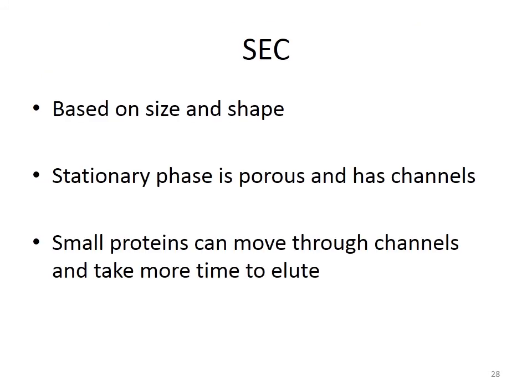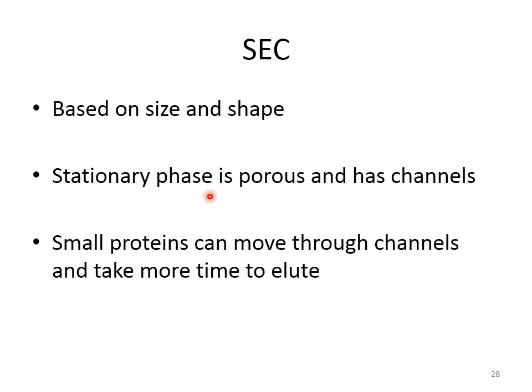Size exclusion chromatography separates proteins on the basis of their molecular mass. So this technique separates the proteins on the basis of their size and their shape. In this type of chromatography, the stationary phase is made up of a porous material, and it has pores and channels in it.